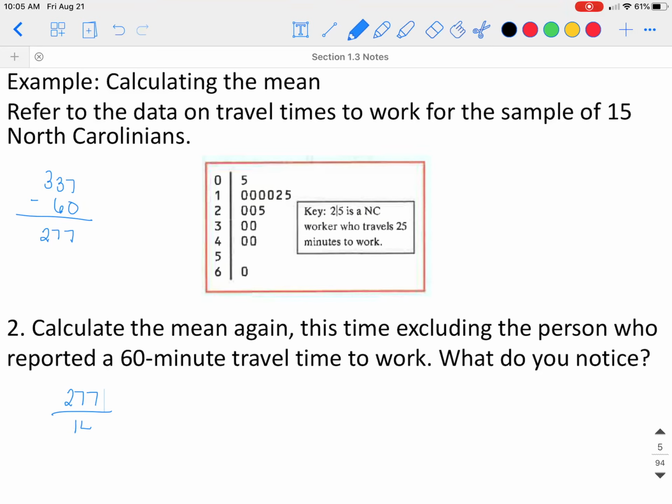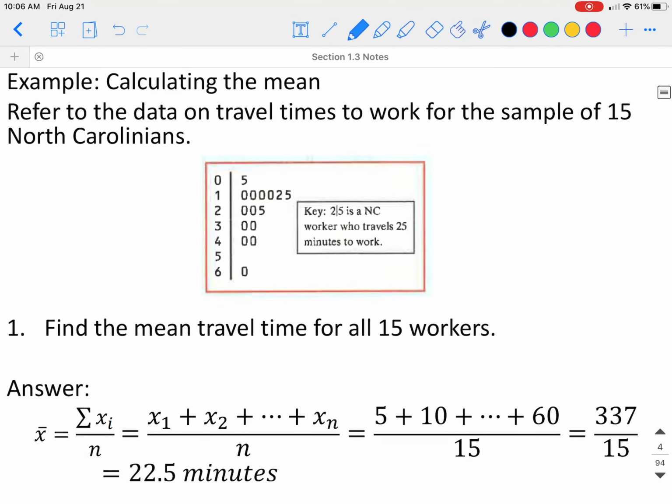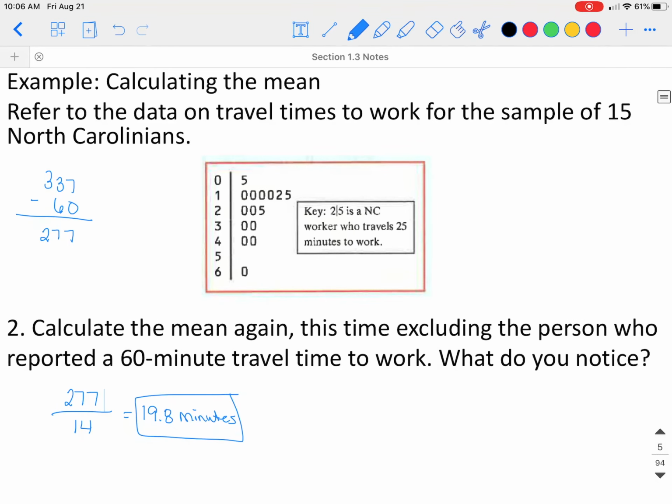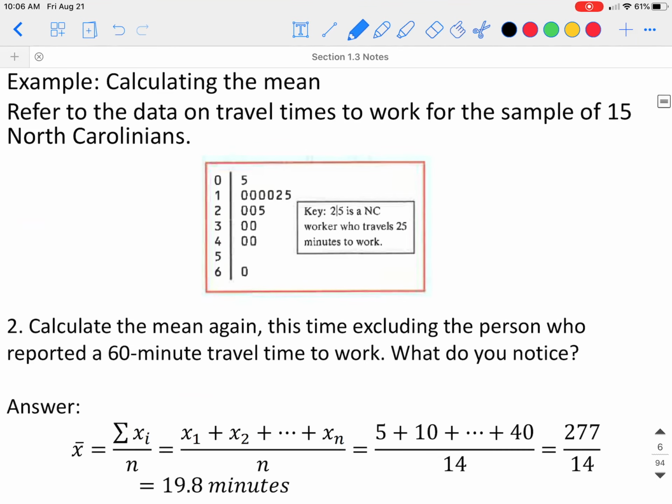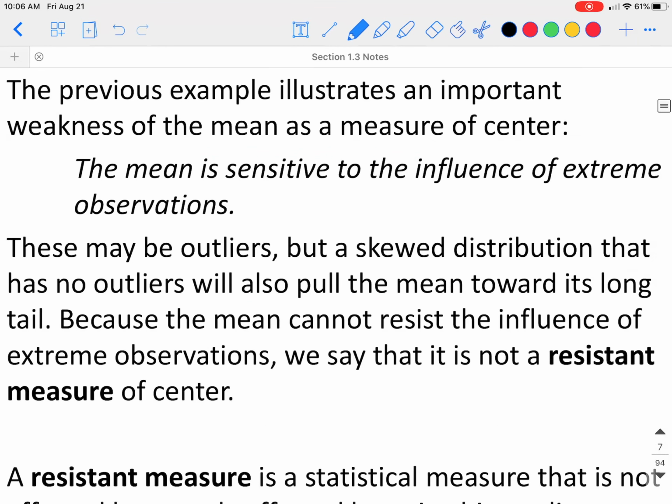Now, instead of having 15 observations, we only have 14 observations. And if we divide that out, that'll give us a 19.8 minute average. So as you can tell, by just removing one potential outlier, we drastically change the mean of our data set.